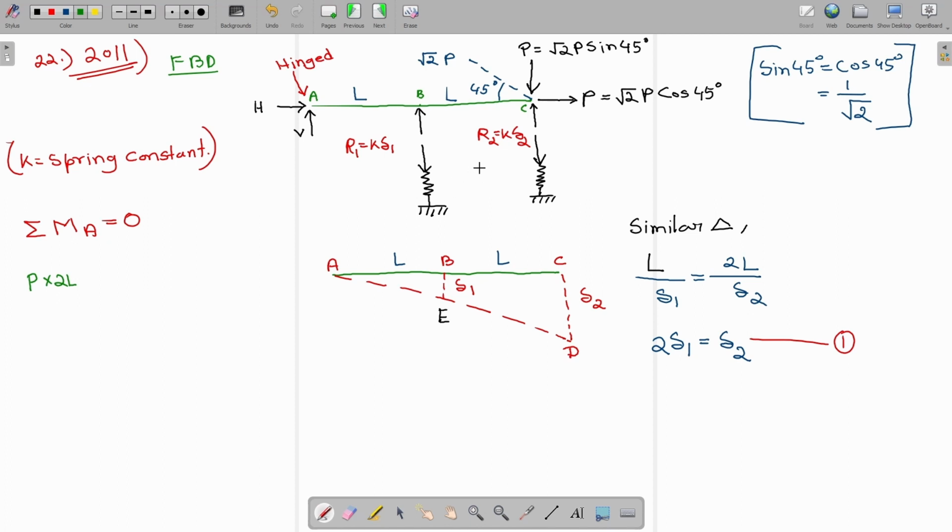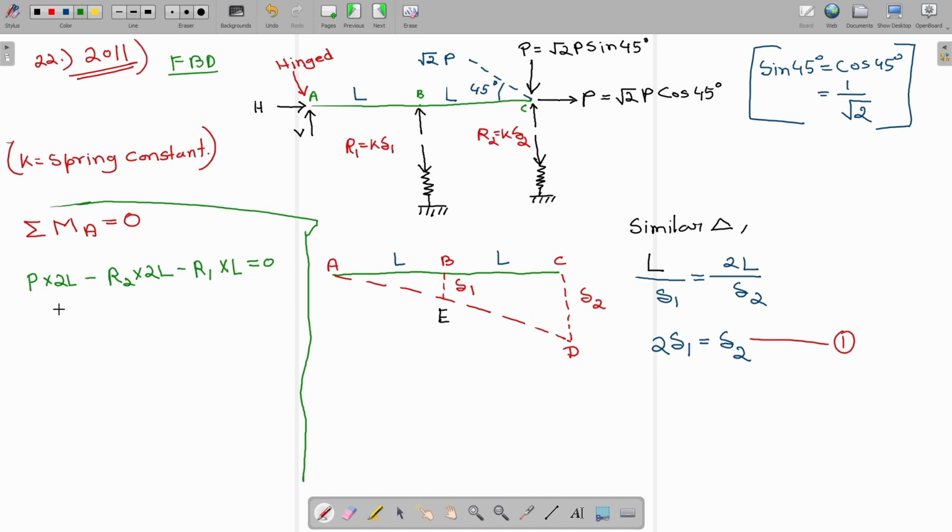Now considering clockwise to be positive and anti-clockwise to be negative, for this case only, we write minus R2, K delta 2, into 2L acting in the anti-clockwise direction, minus R1, acting in the anti-clockwise direction too, into L is equal to 0.